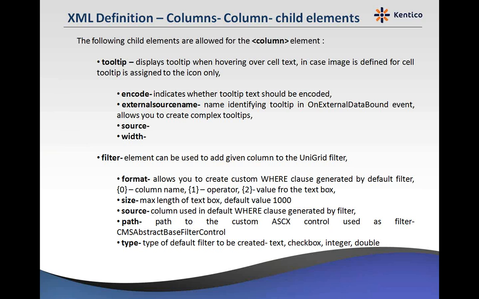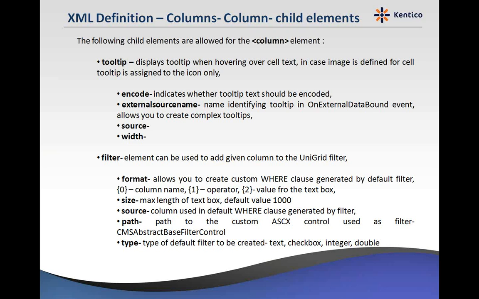The filter is enabled for a specific column. You need to specify the source column used in the default where condition, because the default filters generate a where condition and pass it to the UniGrid, and by the source you define what is the column name for this filter, and then you specify the type of the default filter that should be displayed.